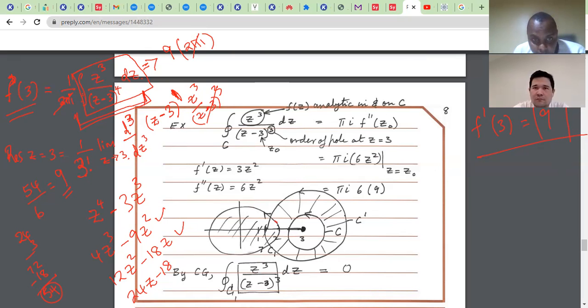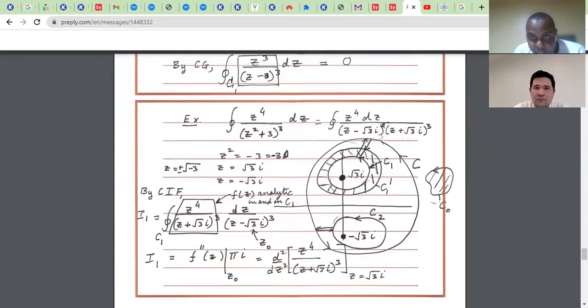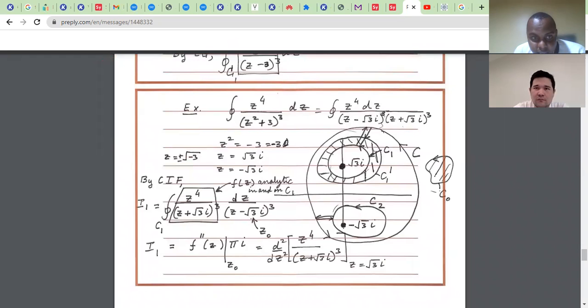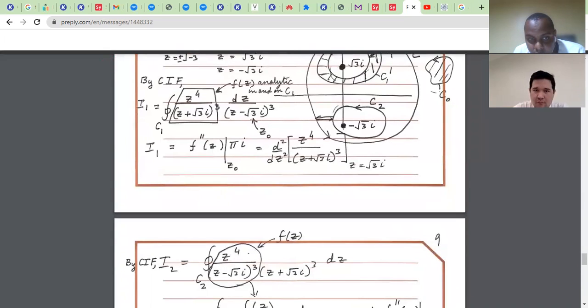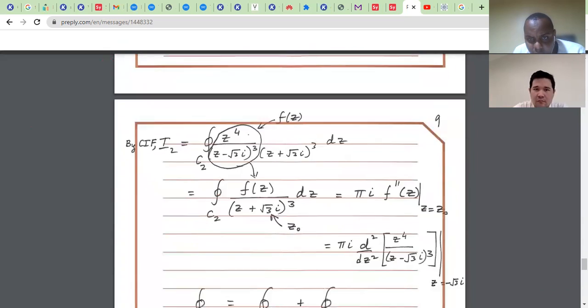Okay, so let's leave that. Let's look at this. What is he trying to do again? So there is that problem. He writes this like that. f(z) is analytic. Then he goes to another problem.